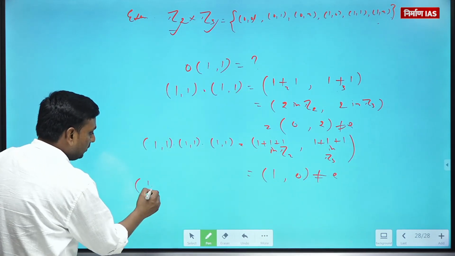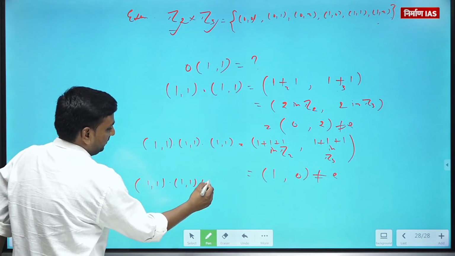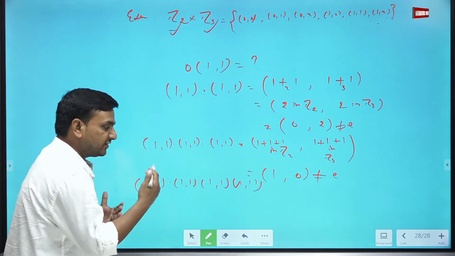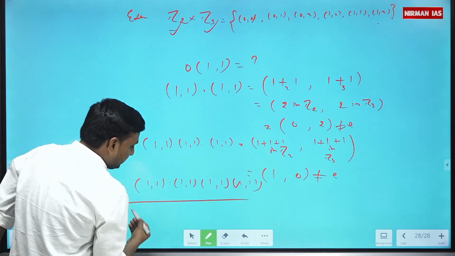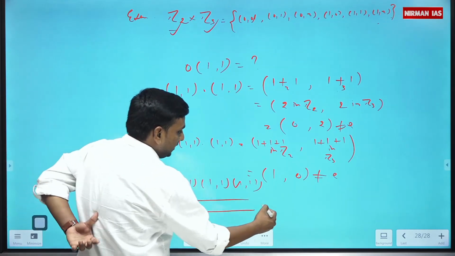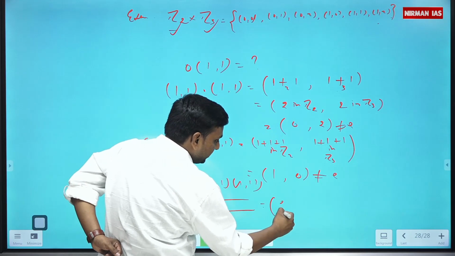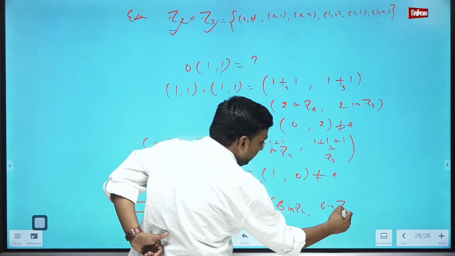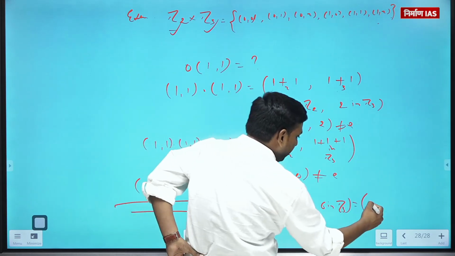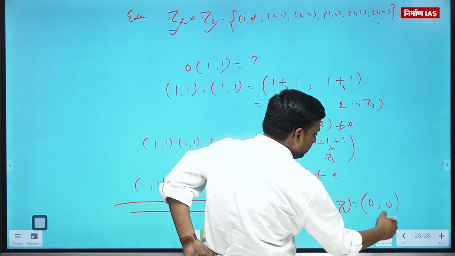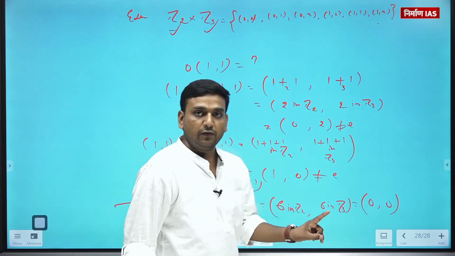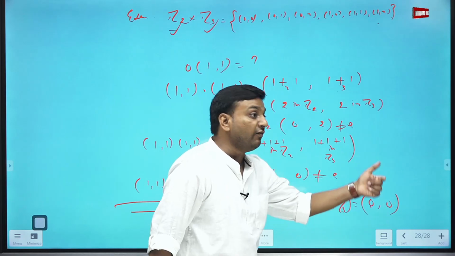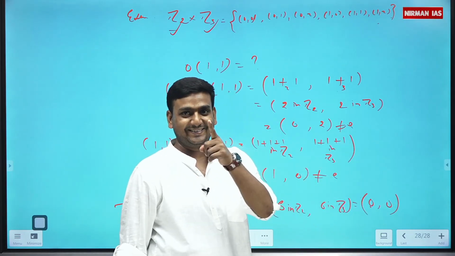That means I will do composition 4 times now, then 5 times, then 6 times. When you do 6 times, here it will be 6 in Z2 and here 6 in Z3. Ultimately you will have 0 in Z2 and 0 in Z3. Don't get confused here, dear. This is 0 of Z2 and this is 0 of Z3.